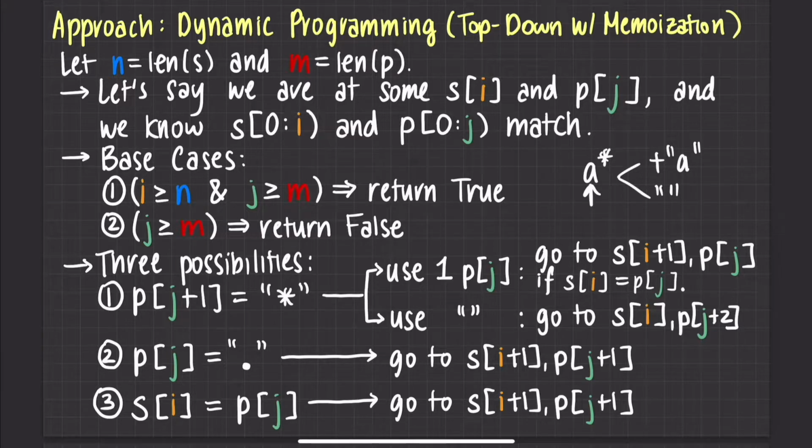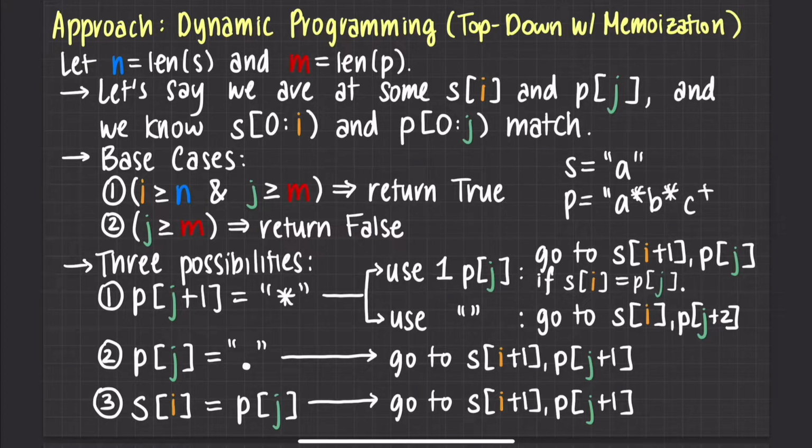Well, not necessarily, right? Because let's say we had the following scenario. We had S is equal to, let's say, A. And then our pattern is equal to A star, B star, C star.